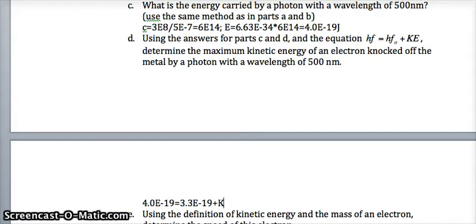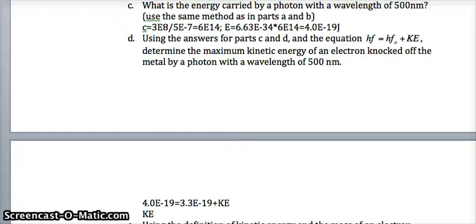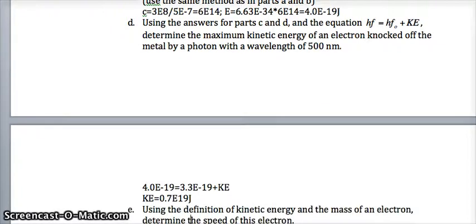So the kinetic energy becomes the maximum kinetic energy of the electrons that are knocked off, the maximum energy they can possibly have: 0.7 times 10 to the negative 19th joules. All right, well, fair enough.